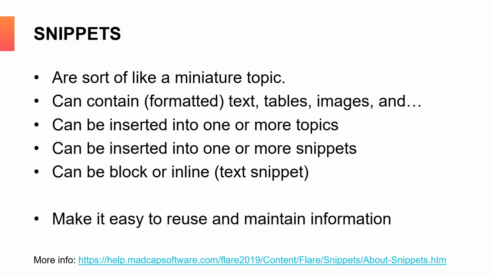Now, when you insert a snippet in a topic, you can enter it as a block snippet, with for example paragraphs and tables, or inline, which means that it becomes a plain text snippet. I'll show you that in the actual project.